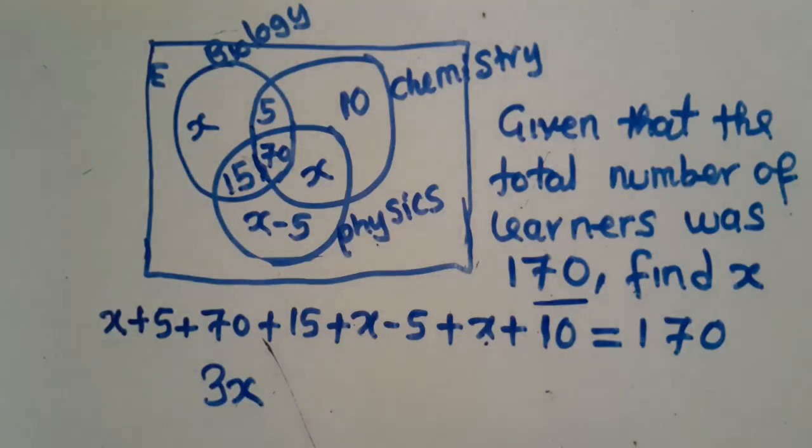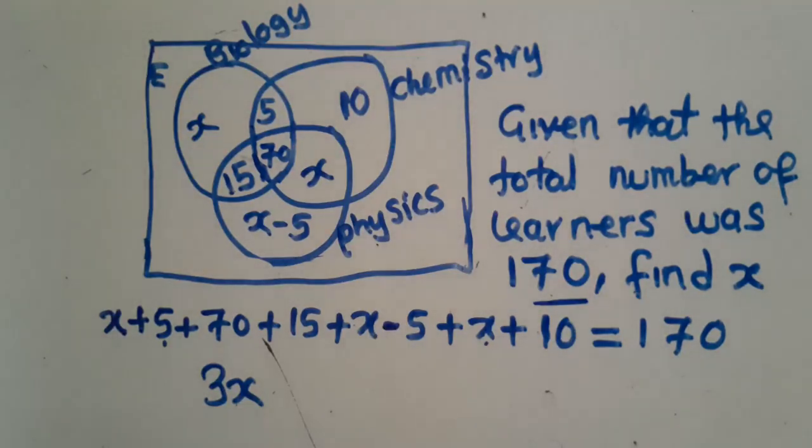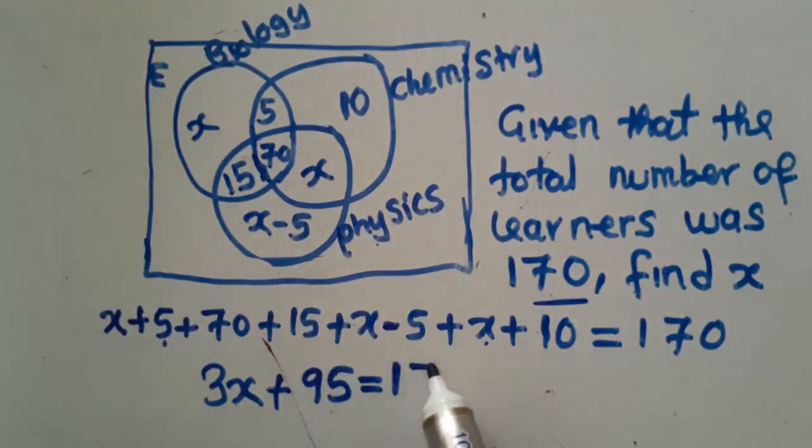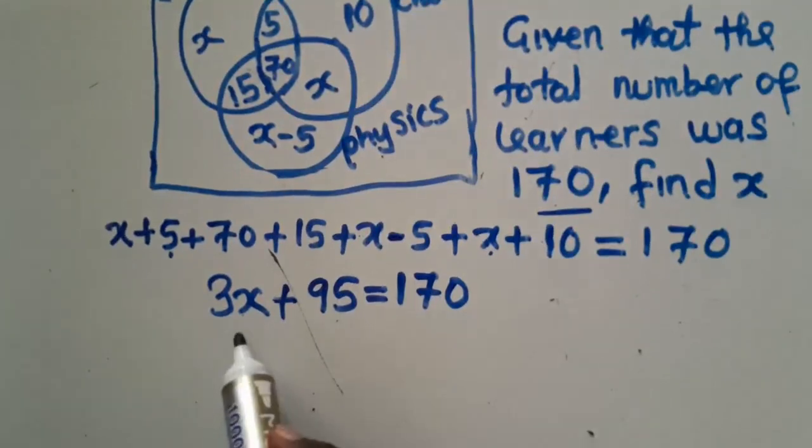Then you add these numbers. You add 5 plus 70 plus 15, minus 5, plus 10 plus 10. What answer are you getting? We are getting plus 95, which is equal to 170. Here you group the like terms.